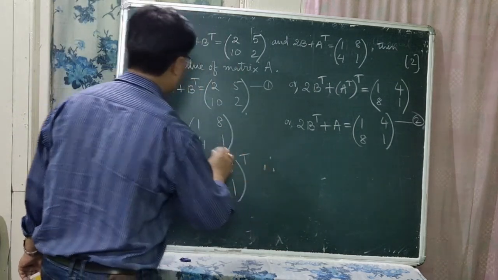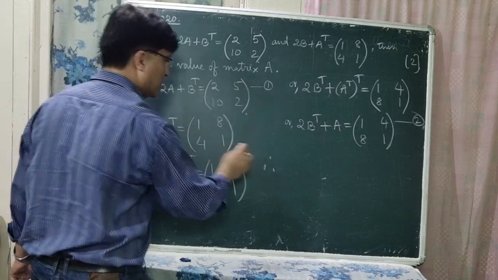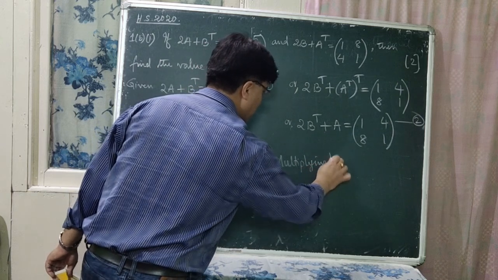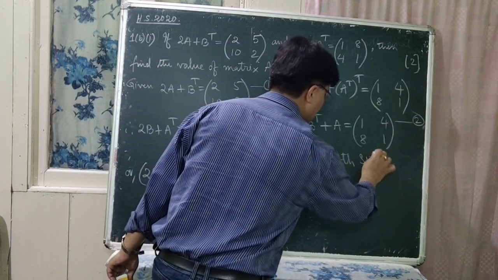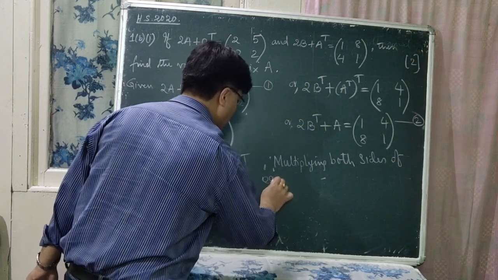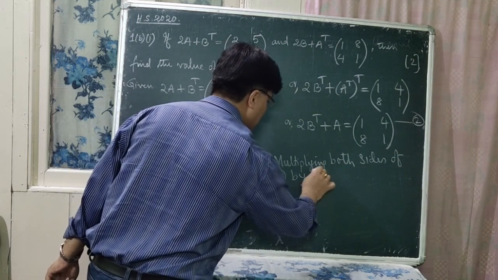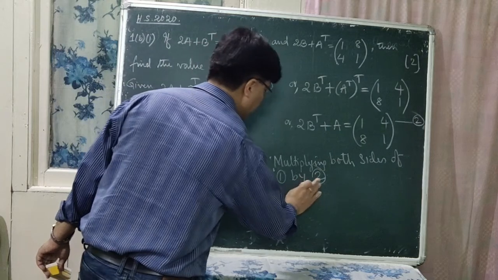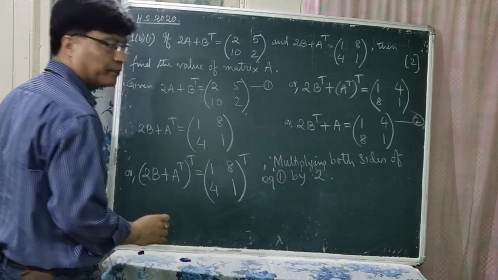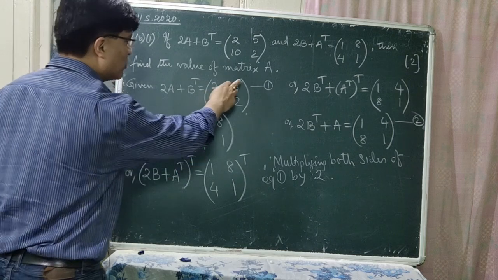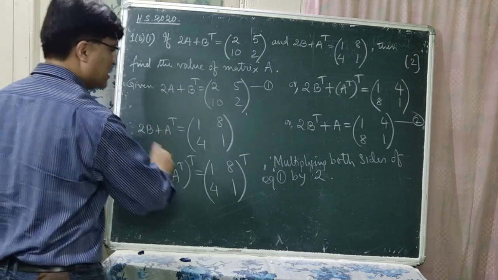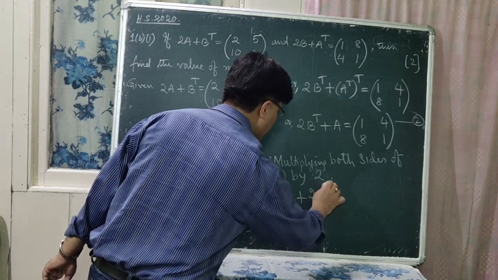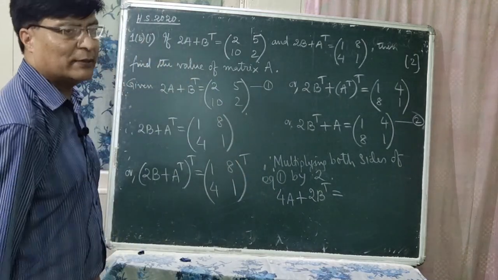So what do we get? Multiplying both sides of equation number 1 by number 2, what do we get here? 4A plus 2B transpose, and you should multiply all the elements of the matrix by 2.